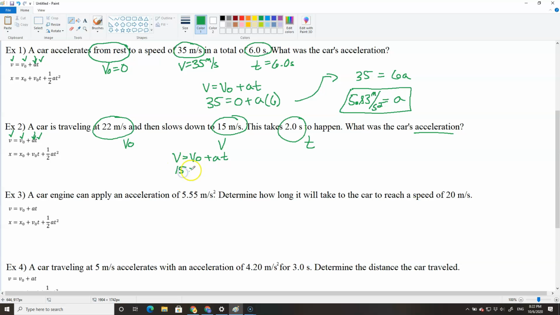So 15 equals 22 plus a times 2. I'll subtract the 22 both sides first. Moving over here, that will give me a negative 7 equals 2a. Divide out the 2. The acceleration is negative 3.5. The acceleration should be negative because you had positive velocities and you slowed down.